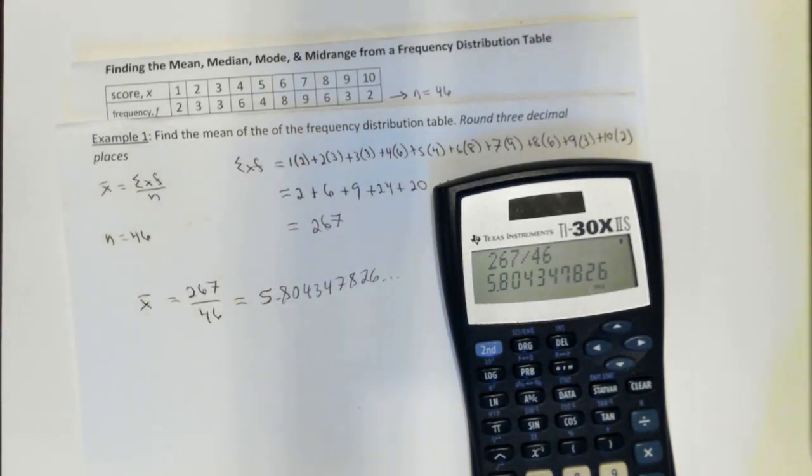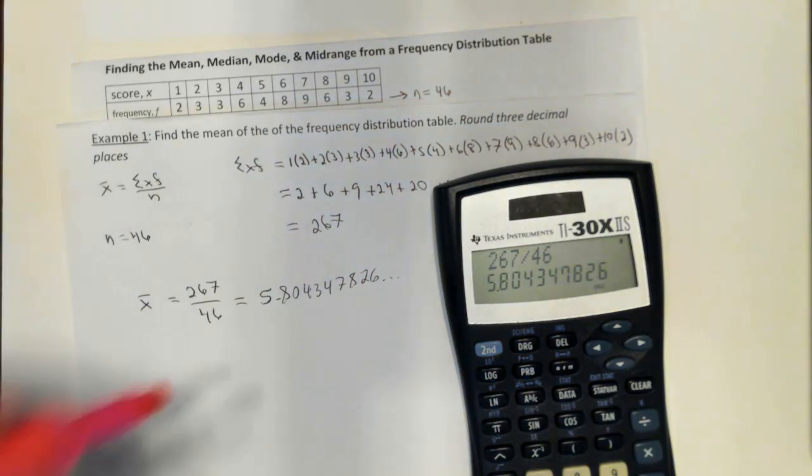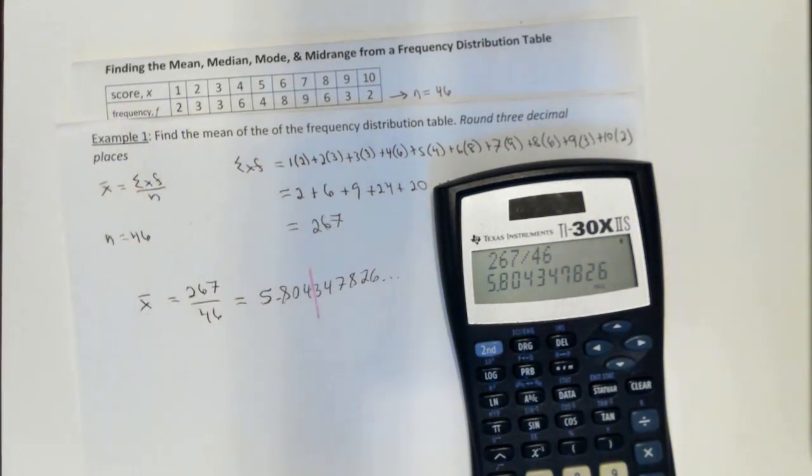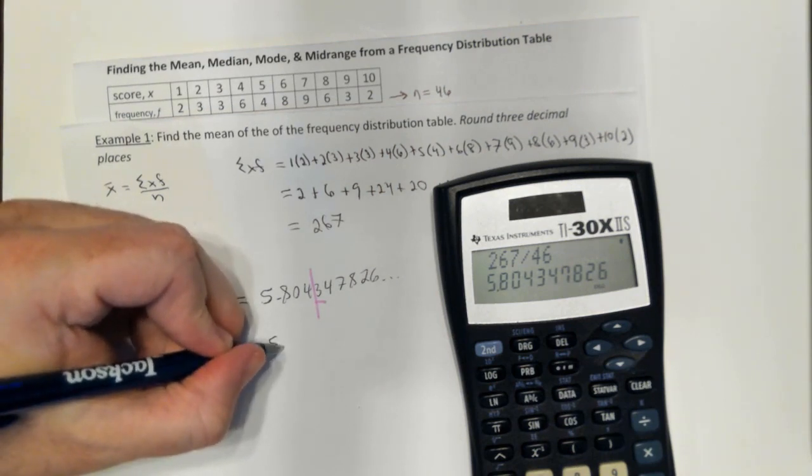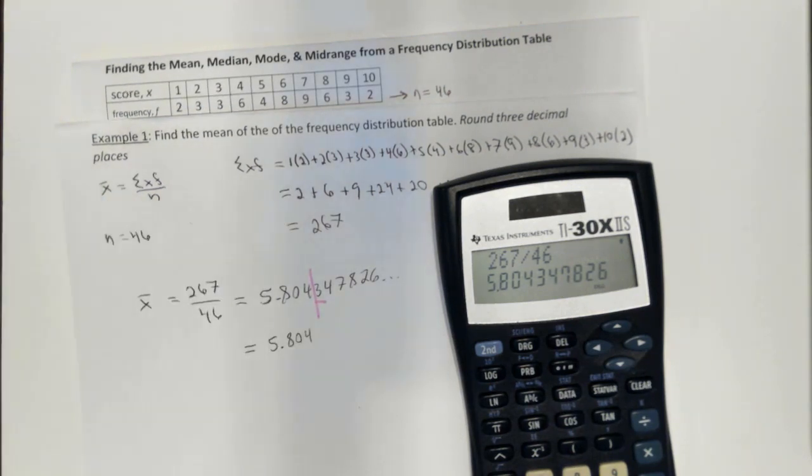It says to round to 3 decimal places, so we stop after 3. We look at the number after that, which is 3. Since that's under 5, when I round, the number does not change, 804.